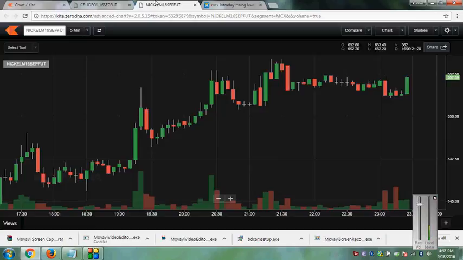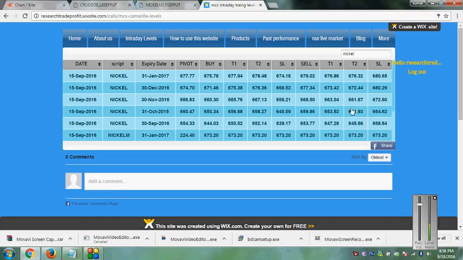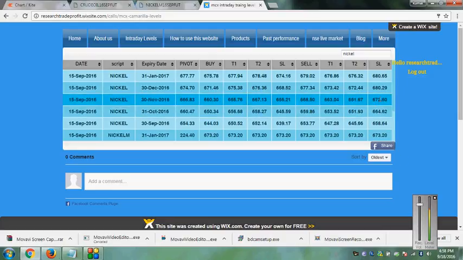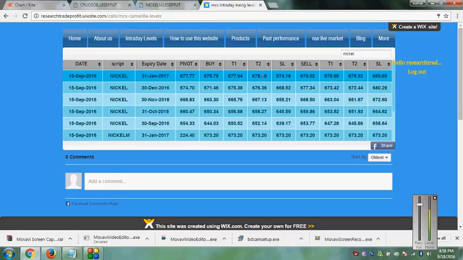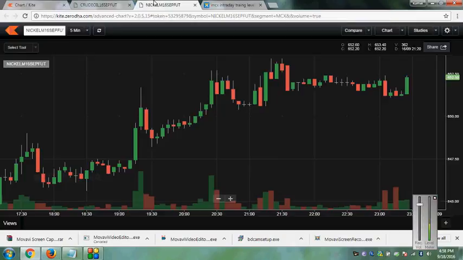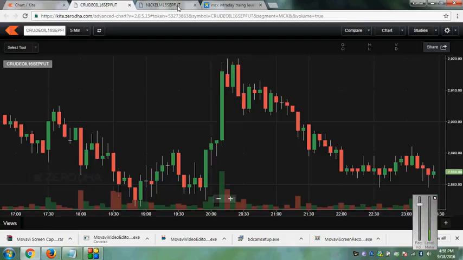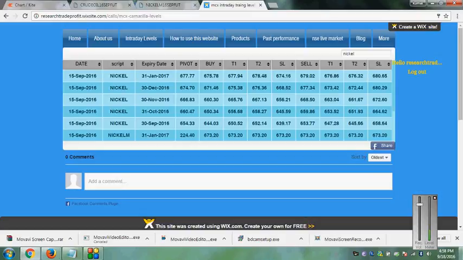It will be very useful for you, because 95% of times this is the level where the stop loss may get triggered and the price may bounce back. So I always suggest you maintain some difference between the stop loss and your actual stop loss. So these were the two calls generated, and I just cross checked the two calls.